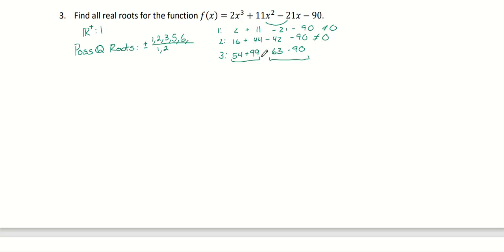Coincidentally, these two together are positive 153. So I just did it with mental math. You could do it with your calculator. We just found that x equals 3 is a root, or x minus 3 is a factor. So let's verify that and see if we can't get a smaller, easier factor to deal with. So I'm going to use synthetic substitution or synthetic division.